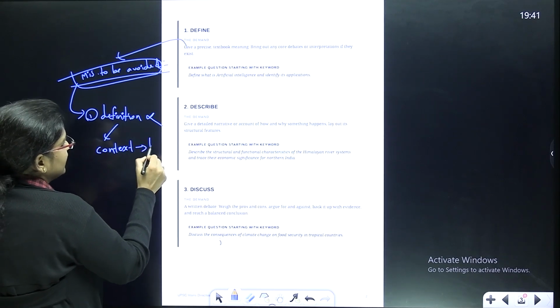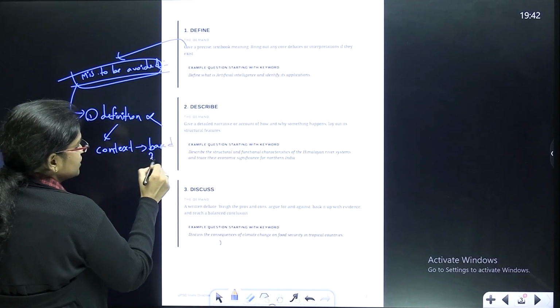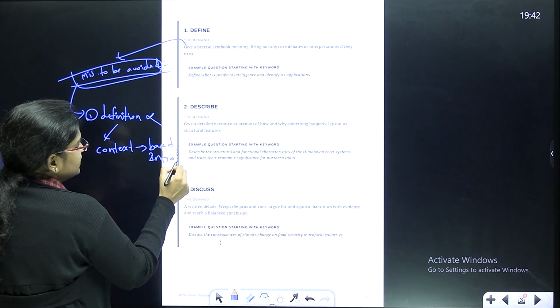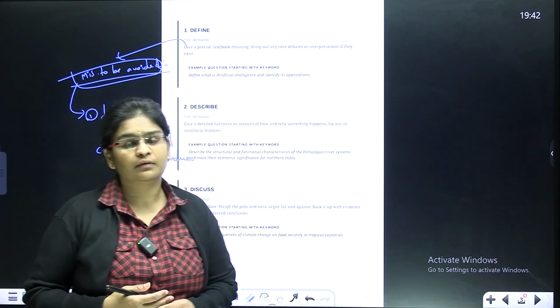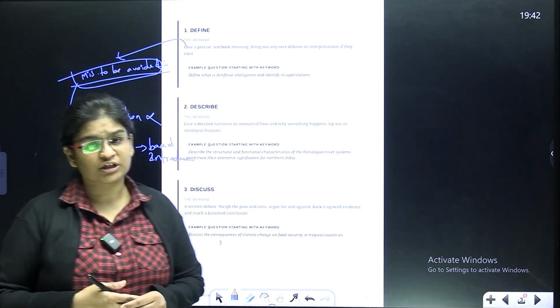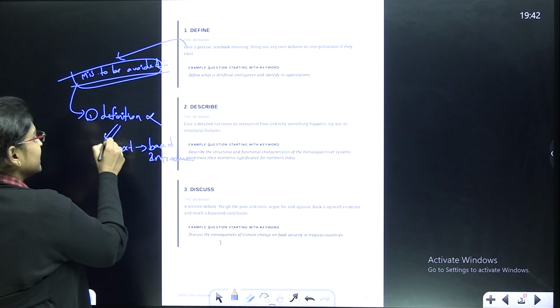So the next best alternative is a context-based introduction. In these types of questions where the keyword define has come, whenever you are not aware of the definition, the next best alternative is a context-based introduction.